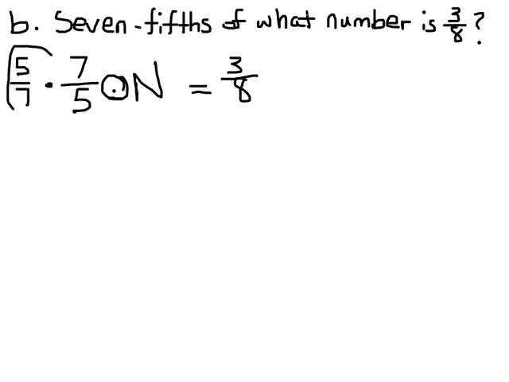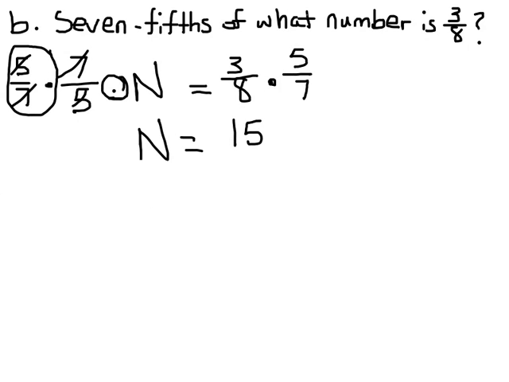And whatever I did here, I've got to do the very same thing here to keep it equal. And these cancel each other out, leaving me with n equals, and then I just do the multiplication. 3 times 5 is 15, 8 times 7 is 56, and that will not reduce.